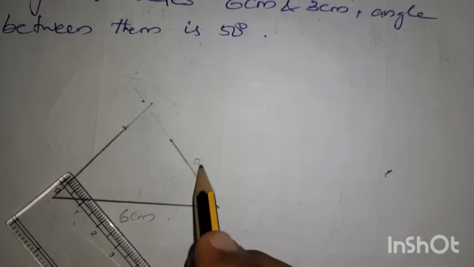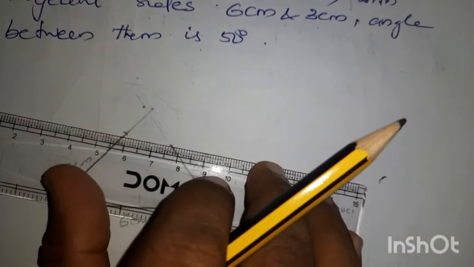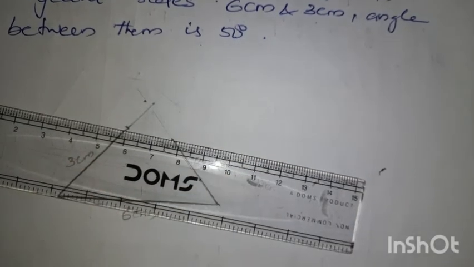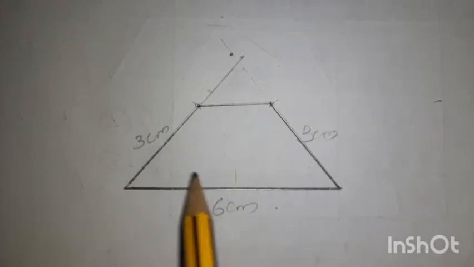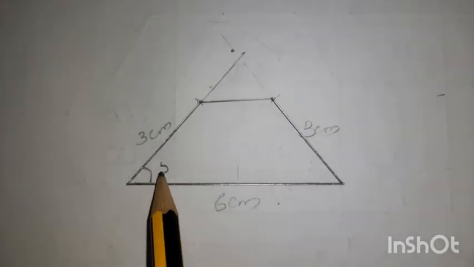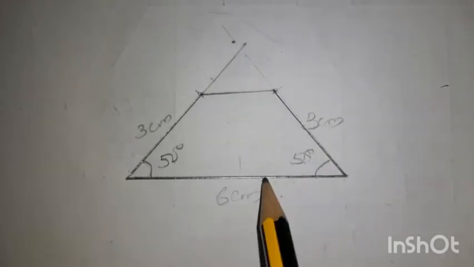Draw 3 centimeter. Then you have to join this end. Draw the line. So you got an isosceles trapezium with angles 50 degree.